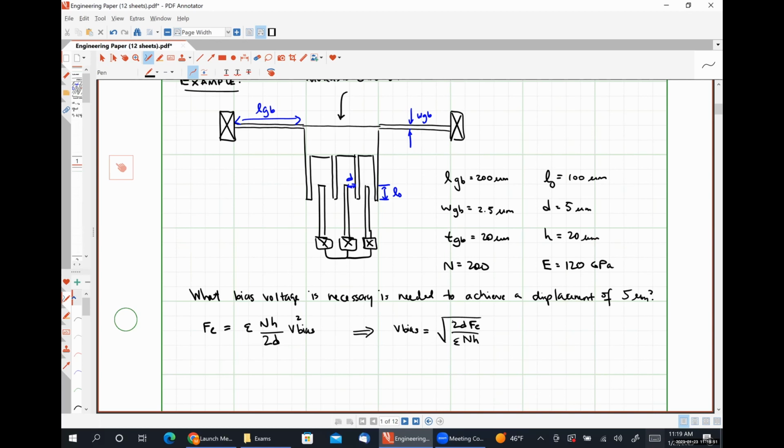So I would argue that Fe is going to have to be equal to Km, our mechanical spring constant, times X, right? Because we want to move that mechanical suspension by some displacement of X by applying this voltage. So the only thing that we don't have to plug into this equation is Km.